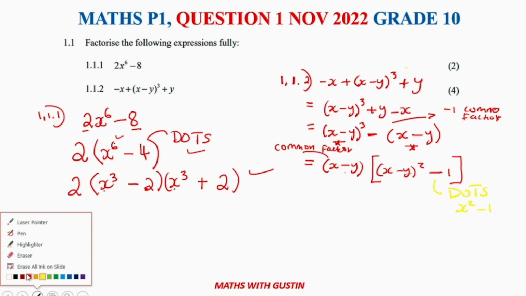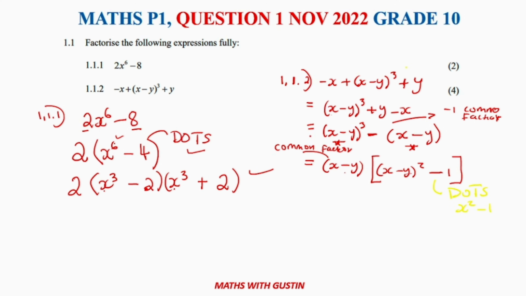Okay, let's go back to our color here. We are going to have this still on the outside. So basically, if this is x squared, you are going to say x minus y. We said you're going to have plus or minus, so this one is a plus.